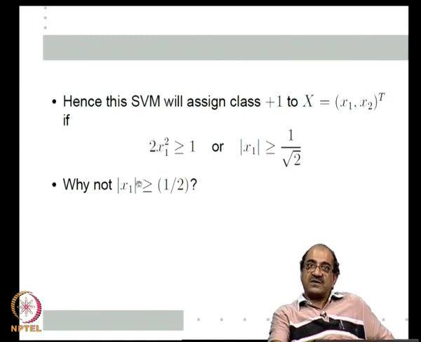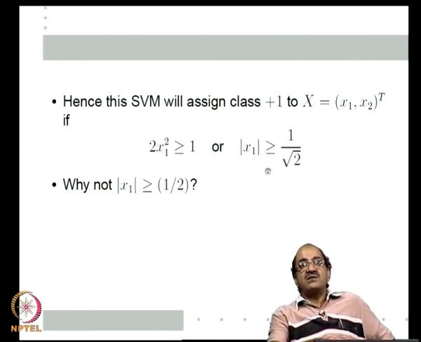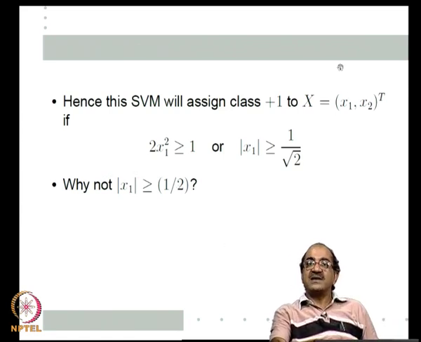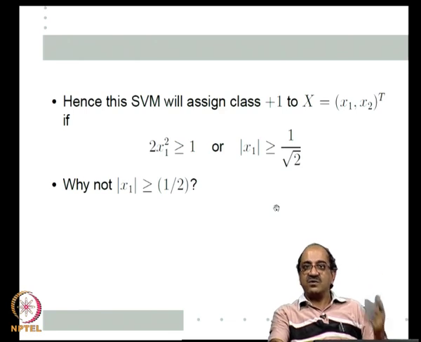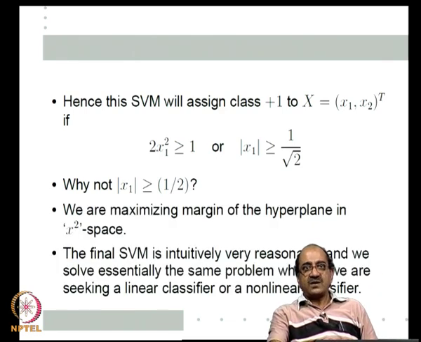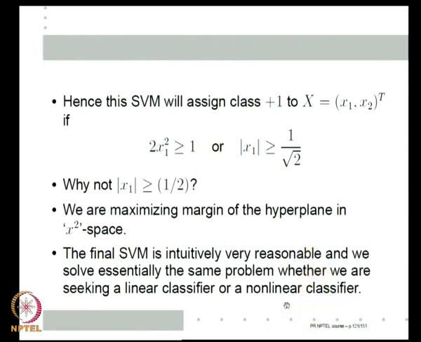So, in the x1 square space, I want it between 0 and plus 1, that is at half. So, in the x1 space, it will be 1 by root 2, because we are maximizing margin in the transform space.